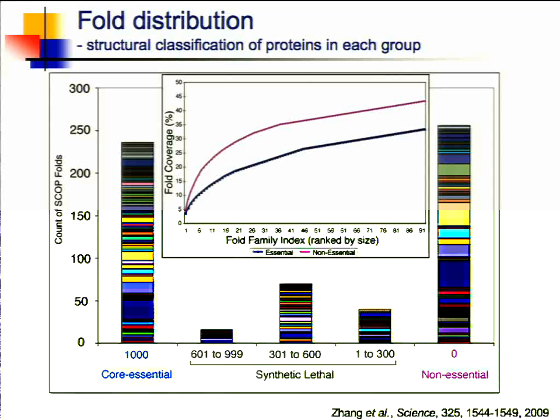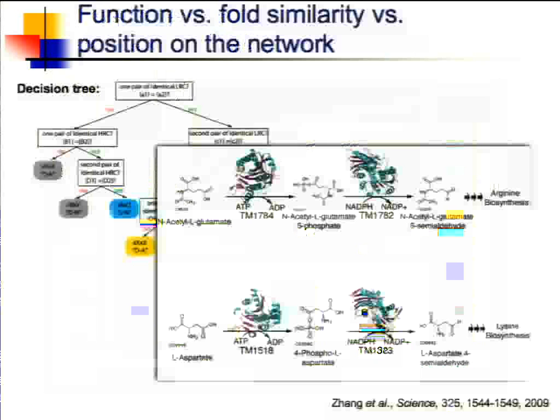Therefore, the core essential is a core where they have a number of fold species that shall always exist in the metabolic network, whereas non-essential is the extensive side, which helps the organism to take new nutrients and utilize new resources.